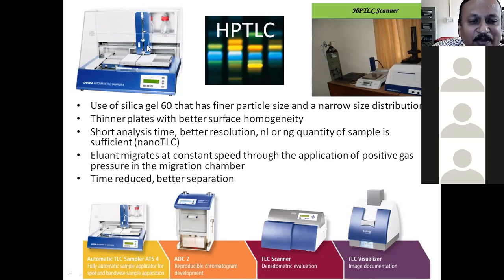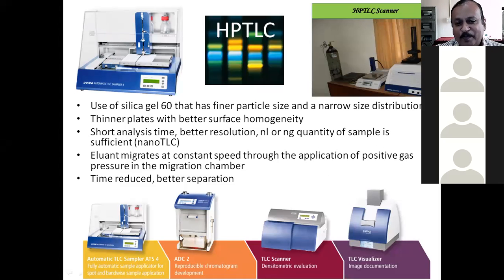The bigger image is more clear. This is a sample applicator. It takes the sample from your sample vial and applies it in the form of a thin line on your TLC plate. The TLC plate also is a ready-made plate, not a manual plate, because ready-made plates will give you better resolution, since good quality material is normally coated on them.